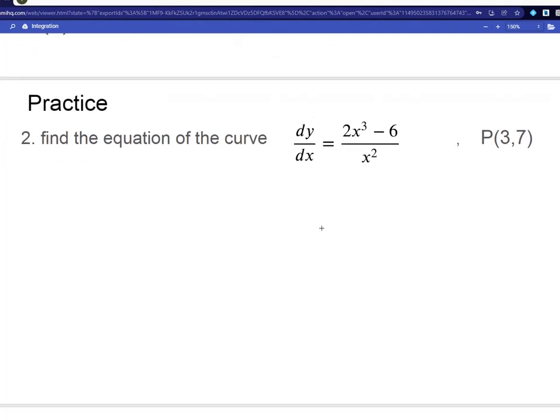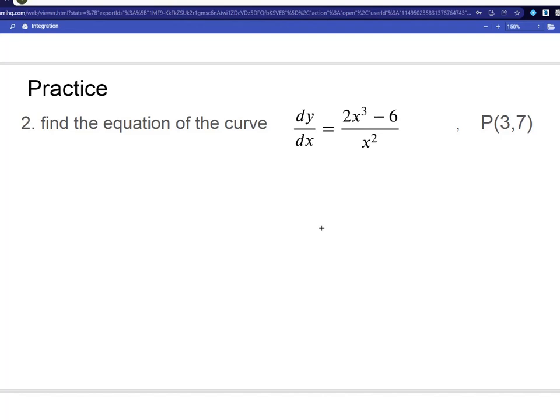We talked about this, but we didn't do it. Here's a derivative. This is the very typical exam question where they give you a derivative and then ask you to find the original equation. Try doing it.